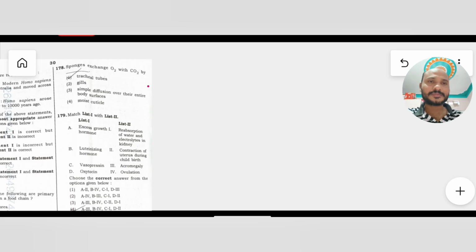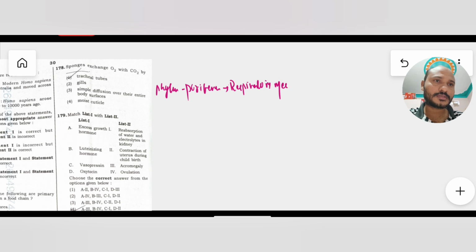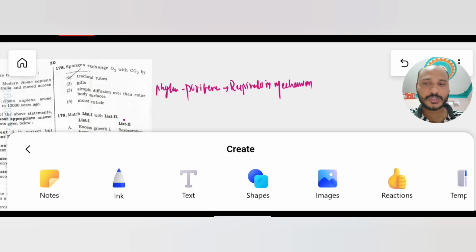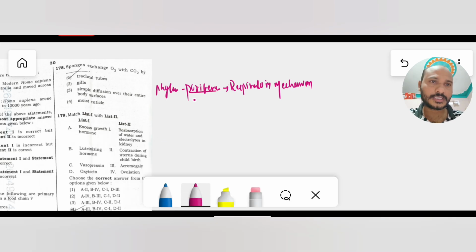The next question is from the animal kingdom, especially from phylum Porifera, in particular the respiratory mechanism. Phylum Porifera are mostly sponges.